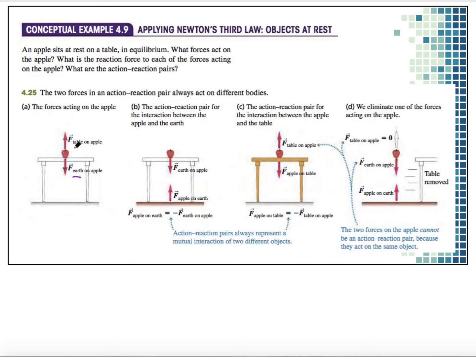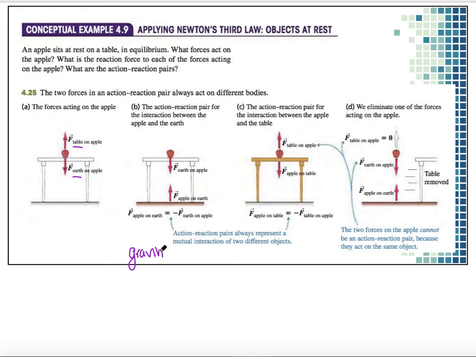If I wasn't on Earth, there would be no gravity pulling it down. Now, if I am talking about why the apple doesn't just fall down into the table, well, that's because the table exerts some force up on the apple. But those are not the action and reaction pairs that Newton's third law is talking about. The first one, if we talk about gravity, comes from the fact that when the apple is pulled down toward Earth, the Earth is actually pulled toward the apple as well, because gravity is a mutual force.